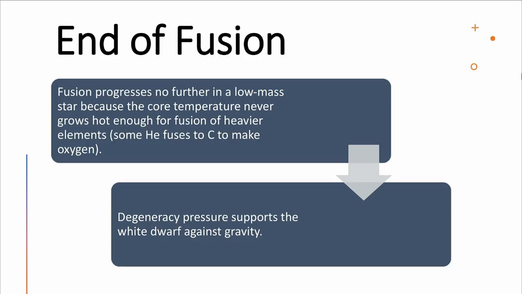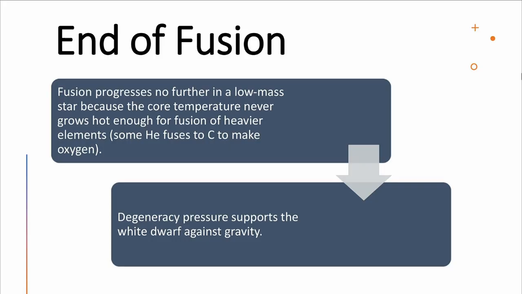And you might be wondering, why doesn't this core just keep collapsing? We talked about degeneracy pressure when we talked about star formation. In an atom, there are quantum mechanical effects that are preventing you from collapsing into a denser state.